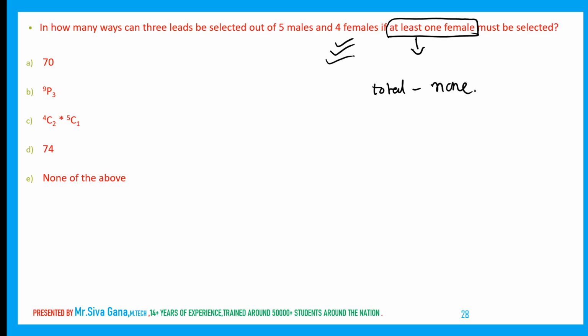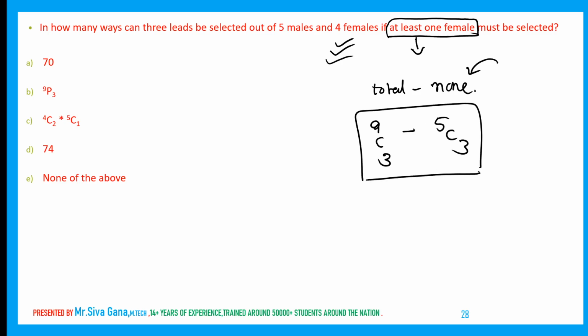That is the reason the number of cases we need to discuss. Instead of that, total minus none is the best. 5 plus 4 is 9. Out of 9, we need to select 3. This is the total cases. Minus none, in the sense no female, which means all are males, 5C3. That's it. 9C3 minus 5C3.